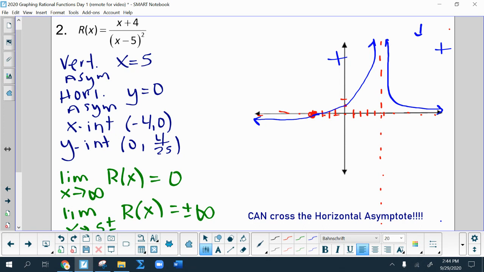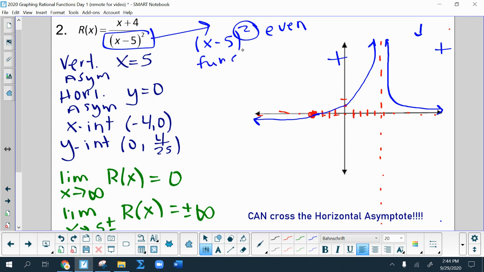So here's the thing. We could have actually determined pretty quickly what was happening around that vertical asymptote by looking at the fact that there was a power on that vertical asymptote that was even. So x minus 5 was squared, and since it was an even power, your function behaves in the same way on both sides.